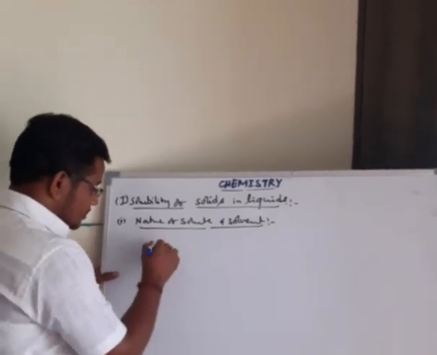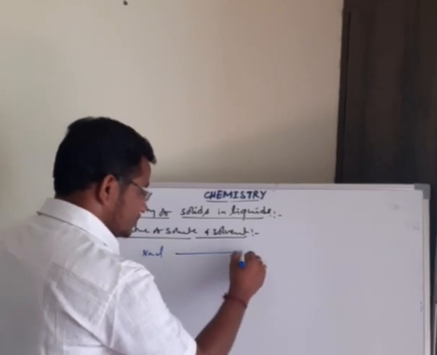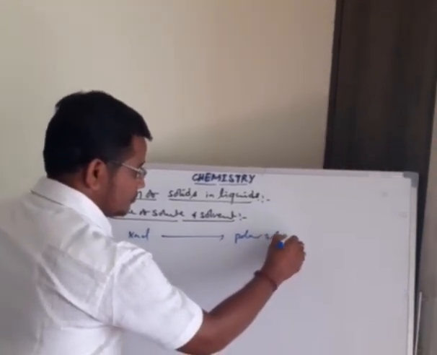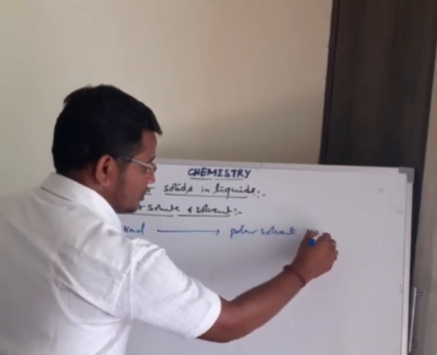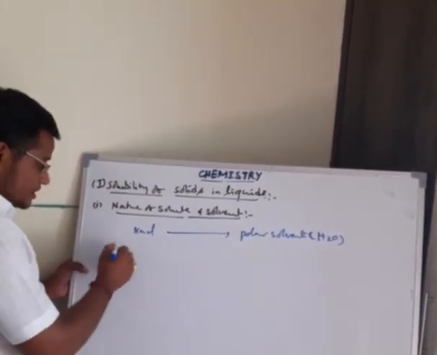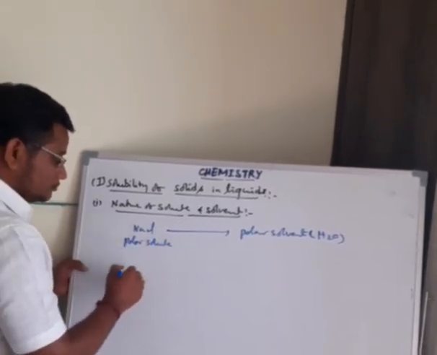See here, for example, NaCl is there. NaCl is soluble in the polar solvent, means water. What about the NaCl here? NaCl is a polar solute.